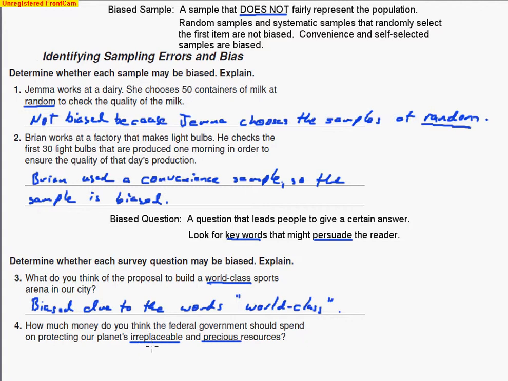But these two words make this question biased because they're trying to persuade you that these resources are important enough to spend money on. And so we'll say biased due to the words irreplaceable and precious.